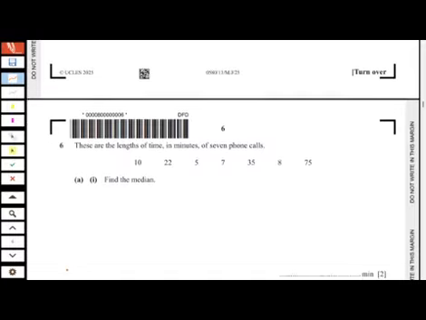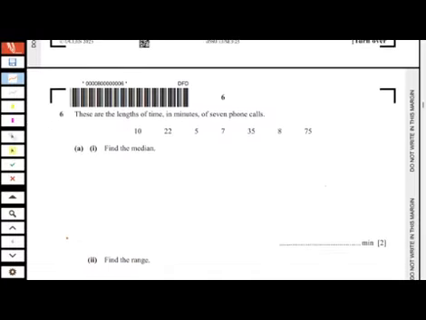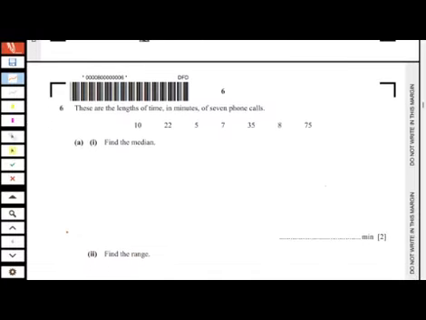Question number 6. These are the lengths of time in minutes of 7 phone calls. So part A, find the median. Firstly, for finding the median, we write the numbers in ascending order.